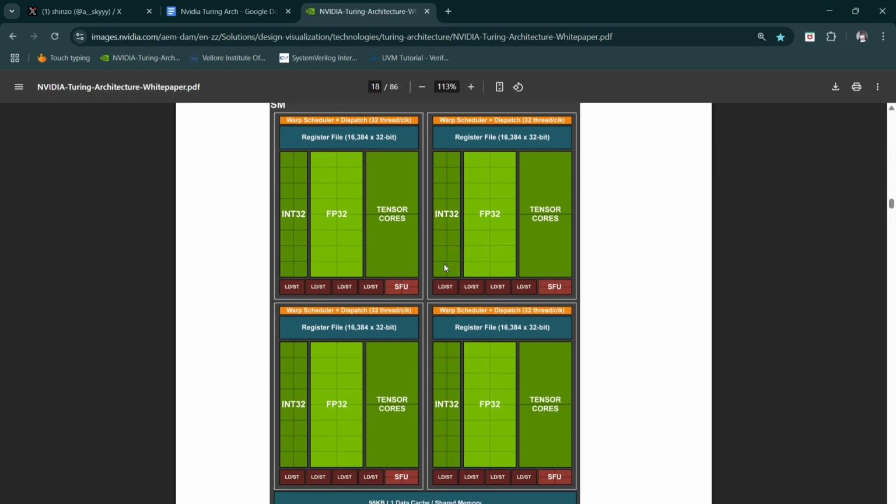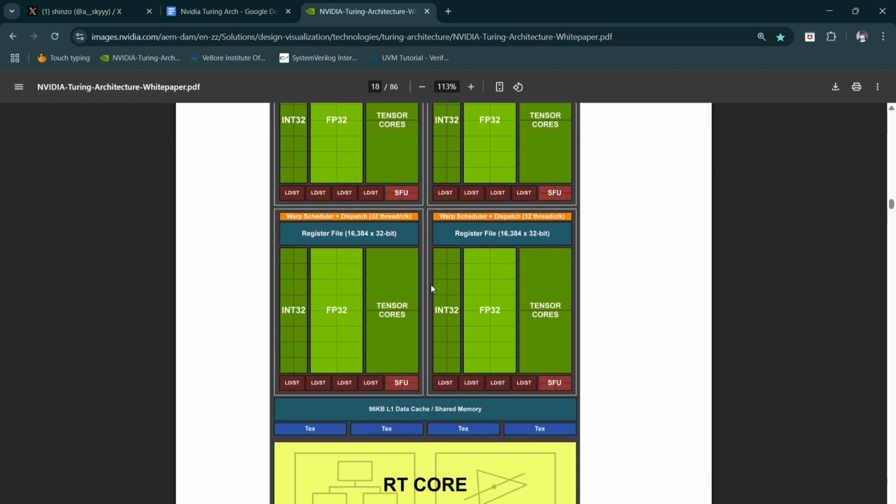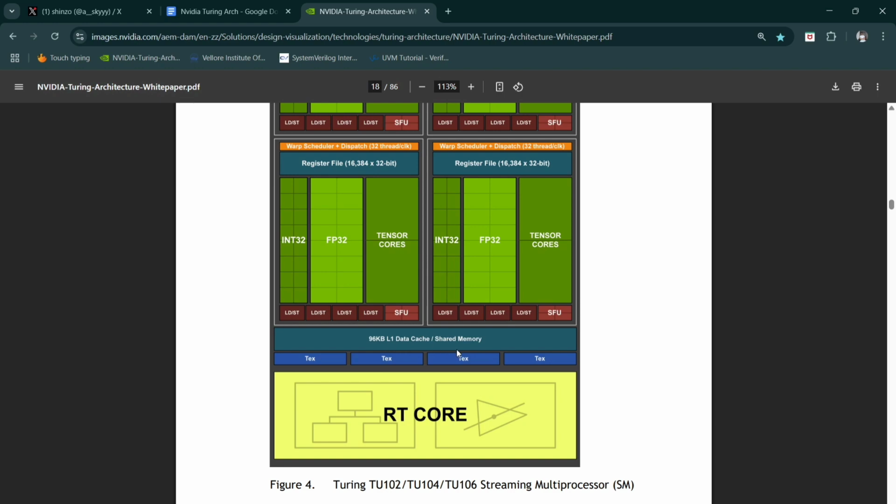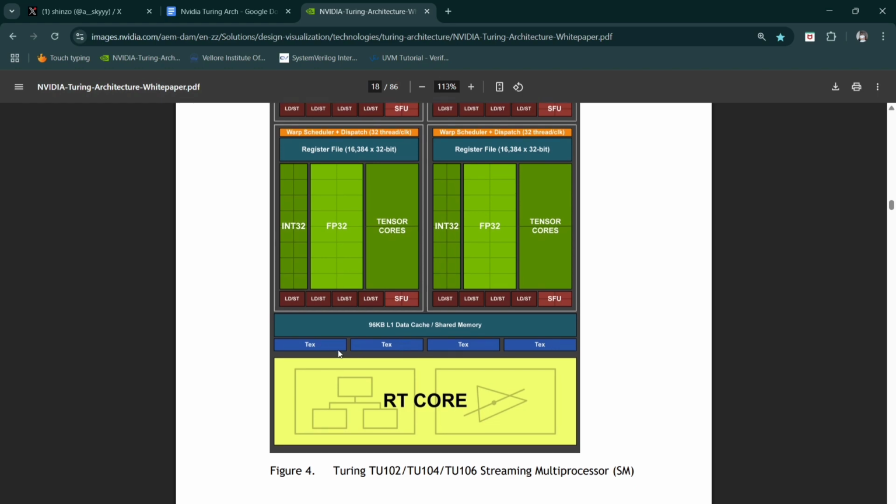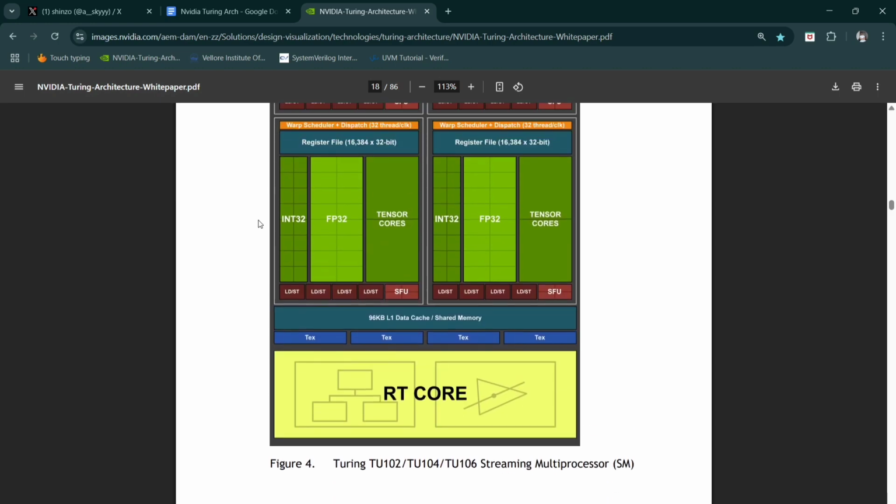Likewise, you have 4 processing blocks per SM, and then you have one L1 cache, which is also shared memory. This is 96 KB. It can be divided into 64 and 32, or 32 and 64, for L1 cache and shared memory respectively. It also has some texture cores and then RT core for ray tracing.